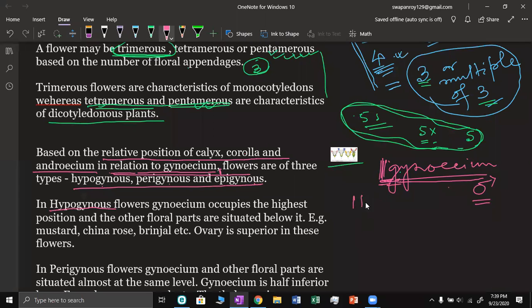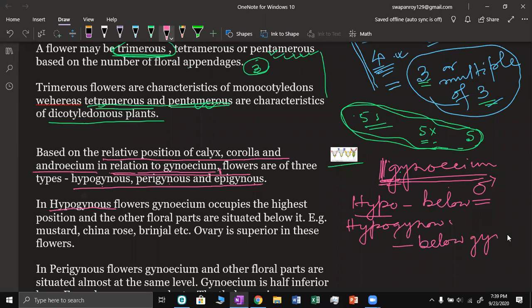Now, what is a hypogynous flower? Hypo means below. So hypogynous, its literal meaning is below gynoecium.